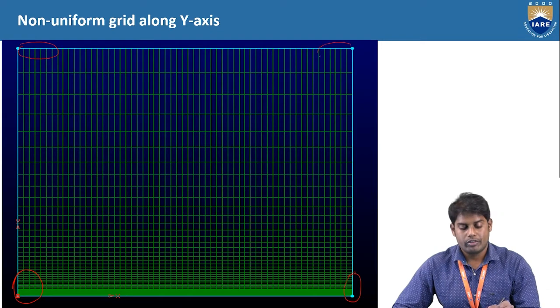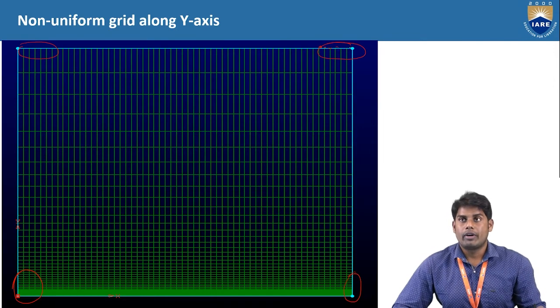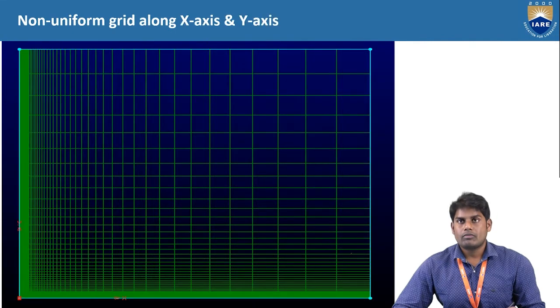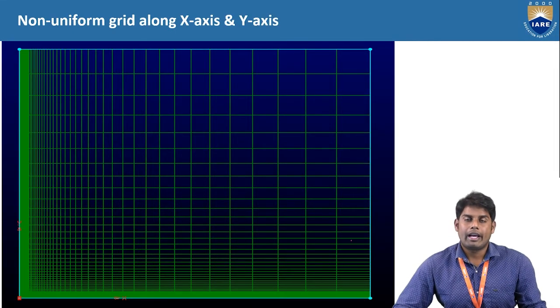If you see clearly, the distance between two successive points is equal along the x-axis. But if you see along the y-axis, it is not equal. So that is called a non-uniform grid along the y-axis. You can have a non-uniform grid both along the x-axis and y-axis also.